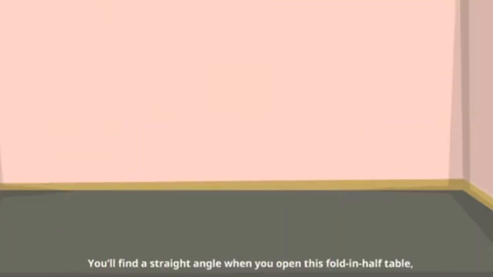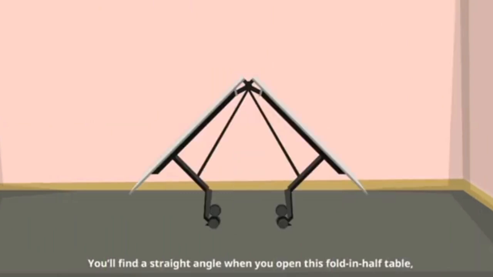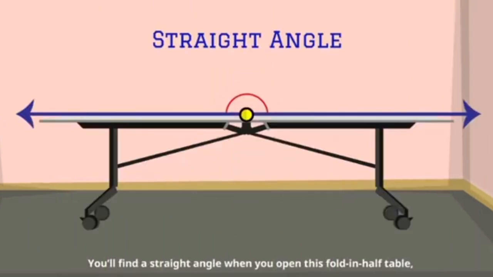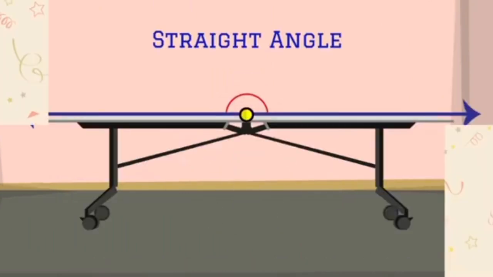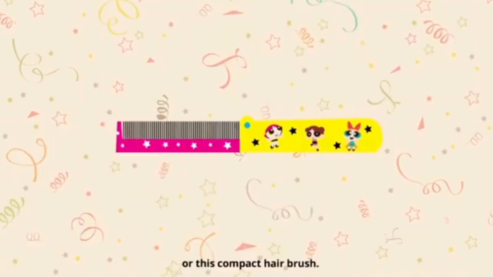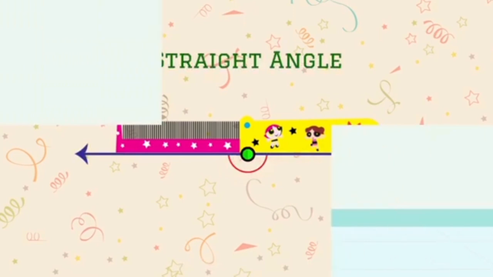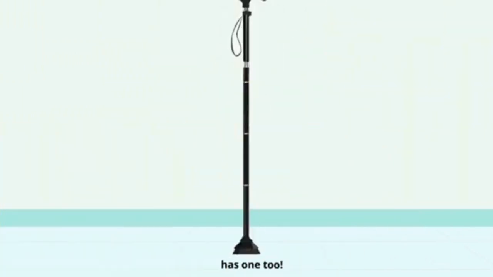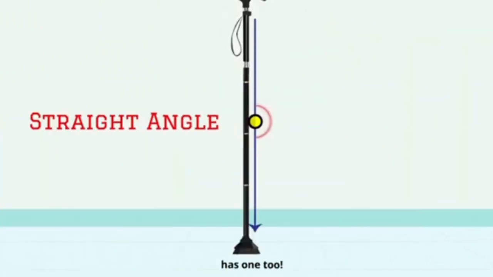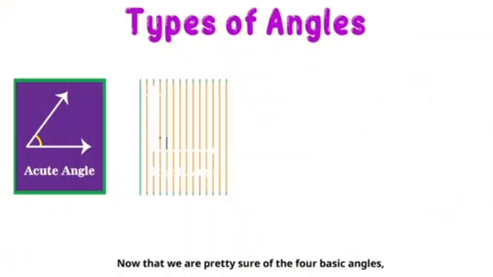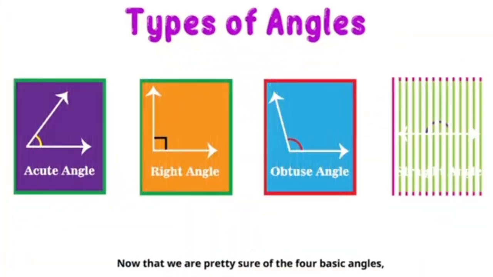You will find a straight angle when you open this folding table or this compact hairbrush. Now that we are pretty sure of the four basic angles, you see this? There are four basic types of angles.